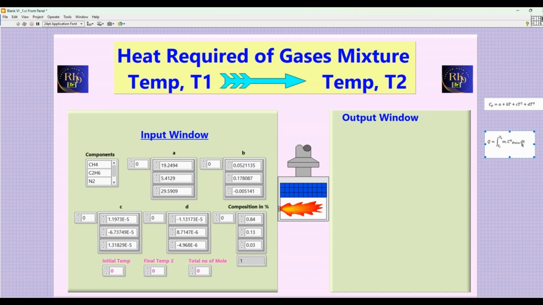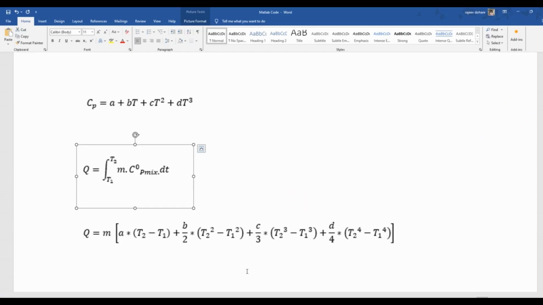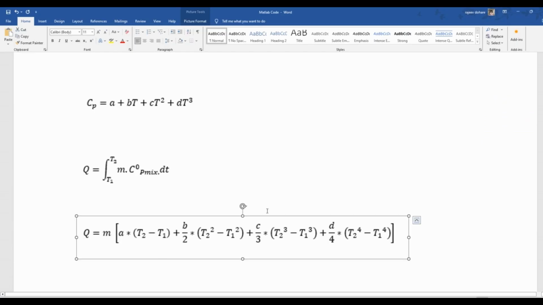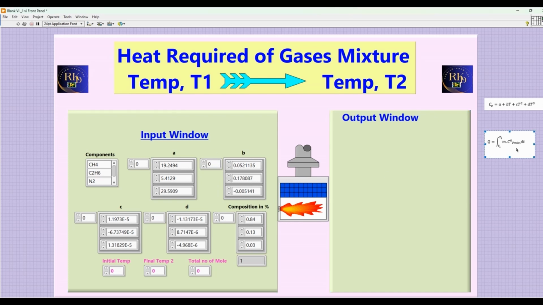Since we are using different gases, we'll first calculate this Cp of the individual gas and multiply it by its mole fraction, which is the composition we have, and then we'll do the integration, and then we'll multiply with the total number of moles.